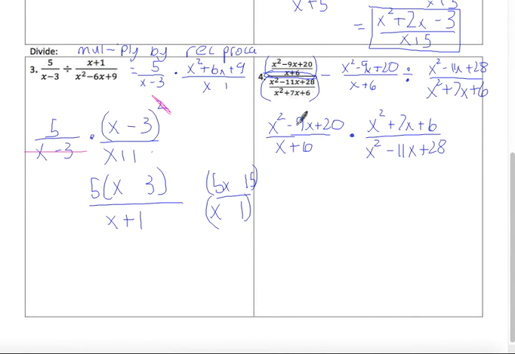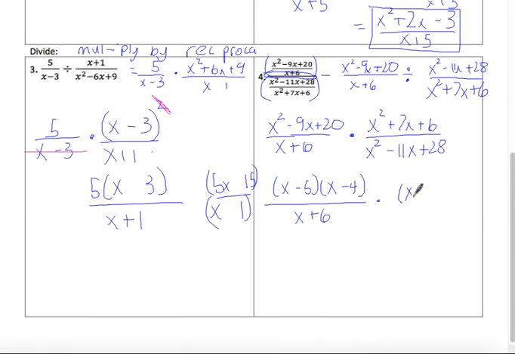So x squared minus 9x plus 20. We need numbers that multiply to positive 20 and add to negative 9. And that's going to be negative 5 and negative 4. Numbers that multiply to 6 and add to 7.